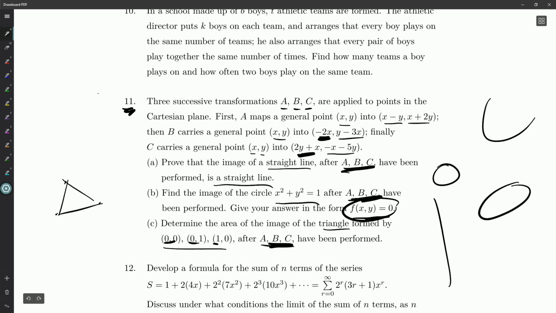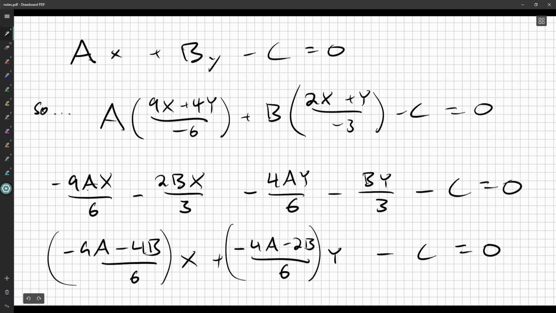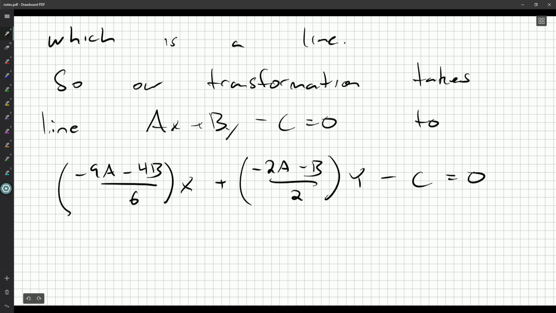And just cleaning up. So all I'm doing is dividing by 2. Oh, so that should be a 3 on the bottom there. Okay, so I just have to change that.